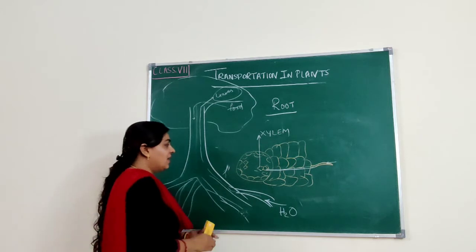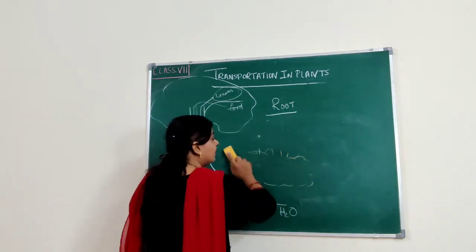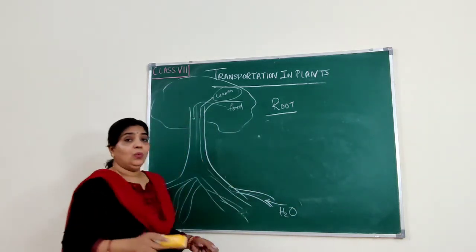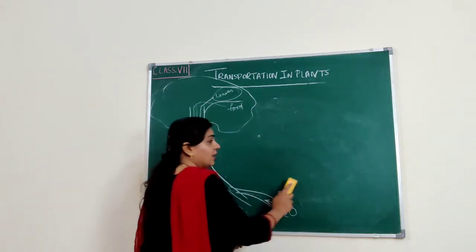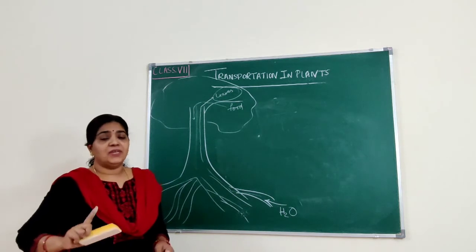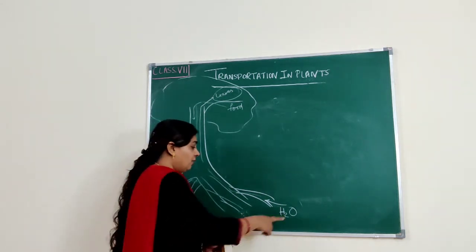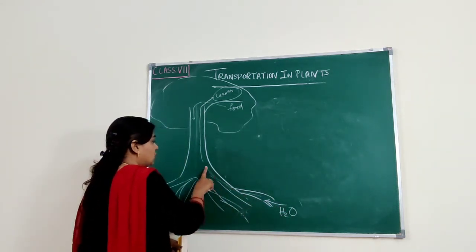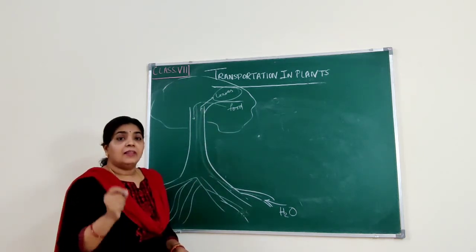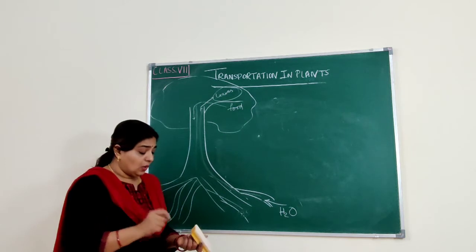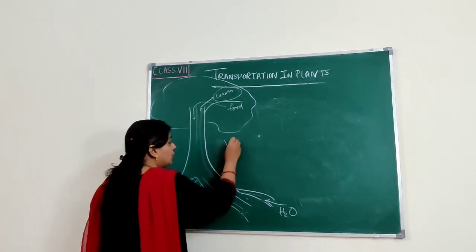So, water is conducted. I told you water is very essential for the plants to prepare the food and it has to be taken from the soil. From the soil, it has to be sent to the leaves. How will it be sent? They have something called vascular tissue.